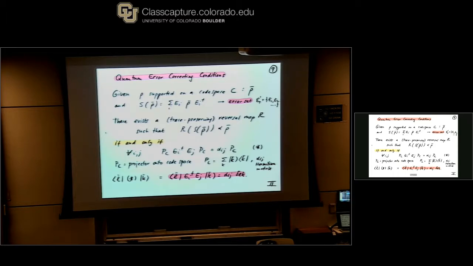Do they satisfy the error correction conditions? And the interesting thing, and this is especially relevant for bosonic codes, is that it will typically not be the case that this is exactly true, right? So your code can be this plus a little something, something that is higher order in your error rate.